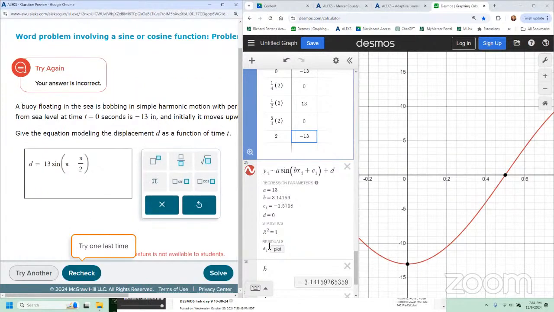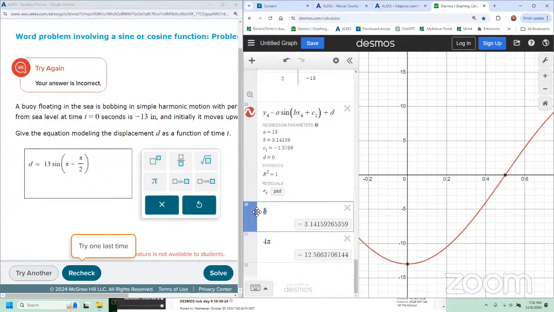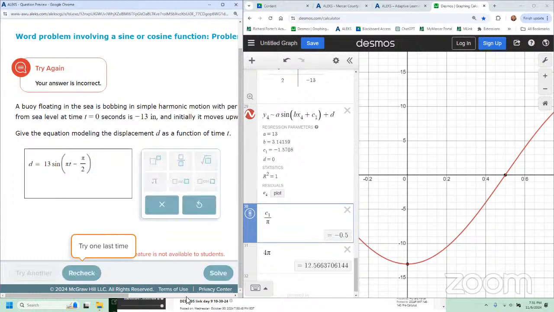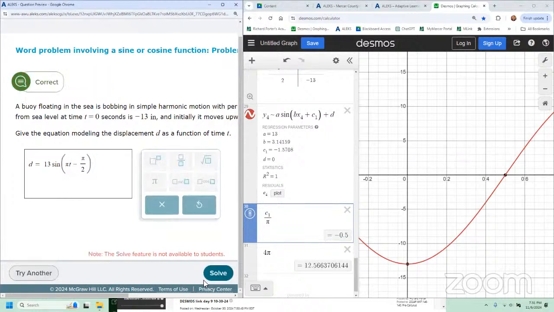Is that not pi over 2? C1 divided by pi. No, that is pi, 1/2 of pi. Oh, where's my variable? T. There we go. Whew. I was worried there for a second. This worked good, except I was careless.